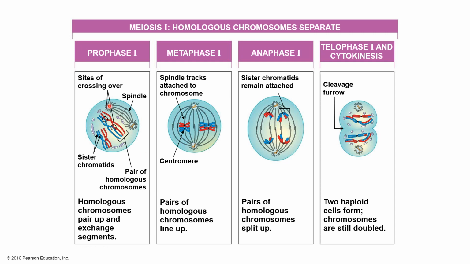Remember how over here in the parent cell, if we count how many chromosomes we started off with, you have 1, 2, 3, and 4. So we have 4 chromosomes. Over here, each daughter cell only has 1 and 2. So those daughter cells are already haploid, but we still have to go through another division to split the sister chromatids apart.